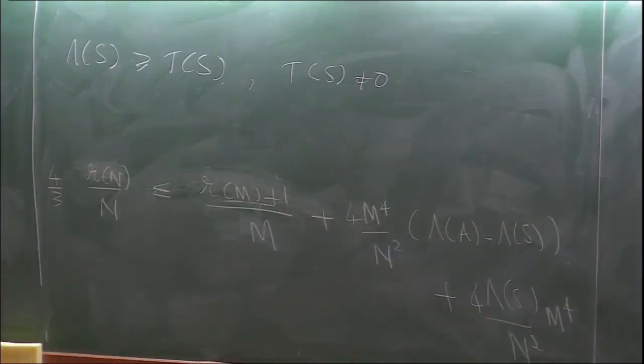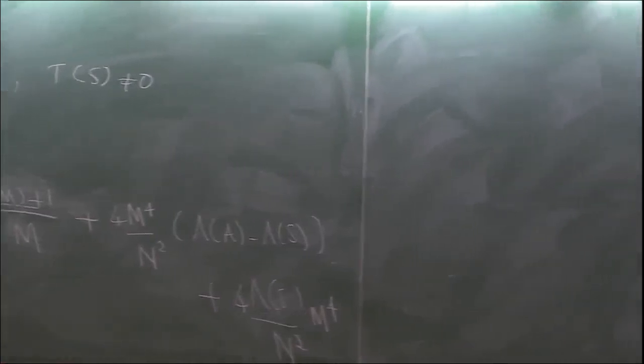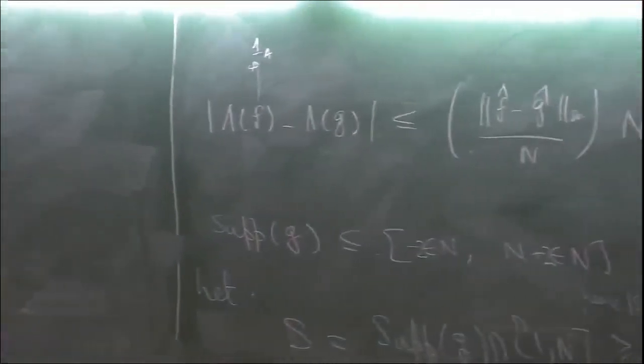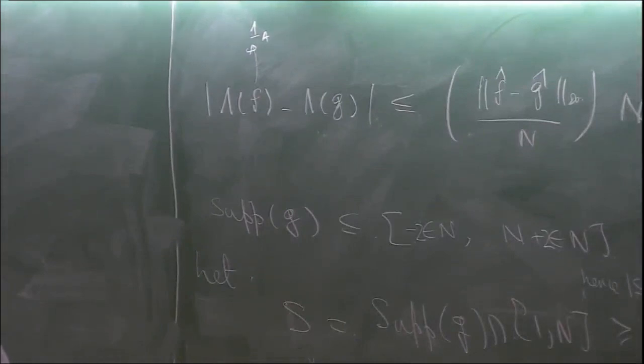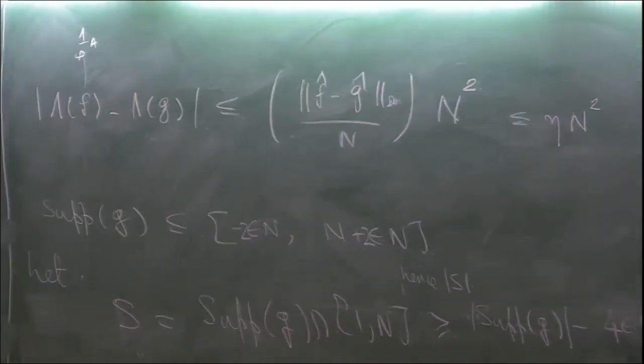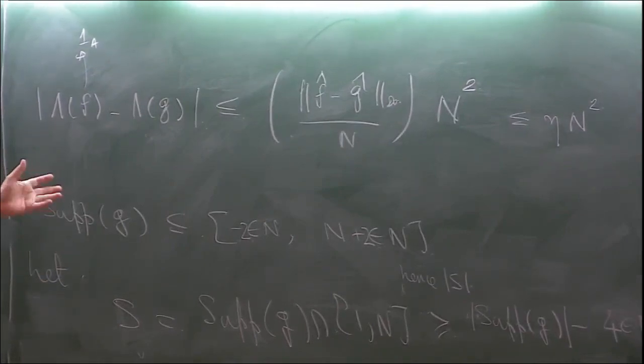F is the characteristic function of A. This is 1A, but this is not the characteristic function of the support. This is something which is about 1/3 on the characteristic function. Nevertheless, lambda of S would be bounded above by at most 3 times lambda of G. So this is not going to make a difference here, because G is either 1/3 or 2/3 on its support. So you see, you can bound that.